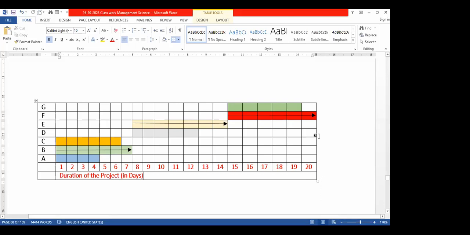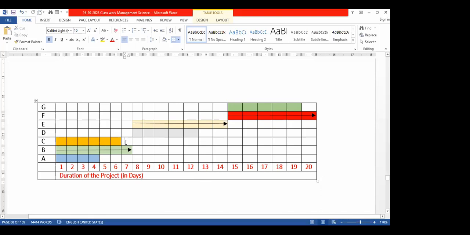Okay, students, any doubts regarding this one? For any problem, you have to look into multiple views. This table also gives a lot of information: how many days we can delay the non-critical activities. For example, you see this one, C can be delayed by 1 day because there is a 1 day gap.